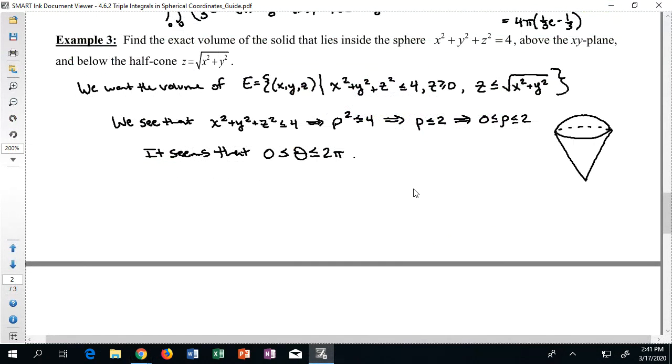Here's what we might be able to see. So I'll state this. To find phi, we will look for the intersection of the cone and the sphere.